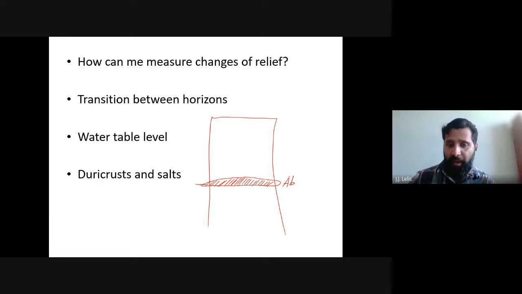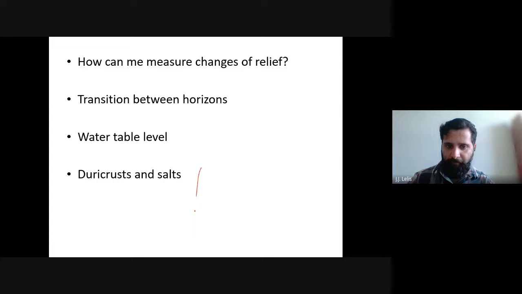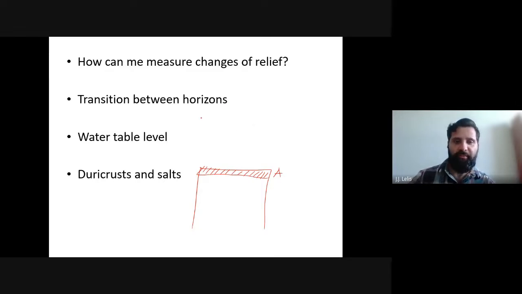So in the past, this could be the surface horizon that presents a lot of salts because it was formed in a dry condition, but the erosion and sedimentation of material produced a new soil overlaying all these horizons.